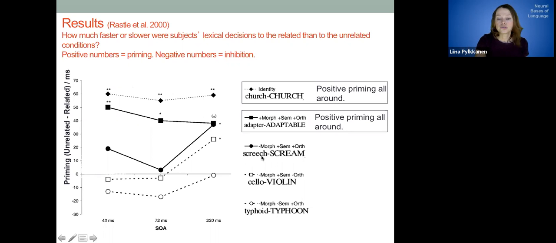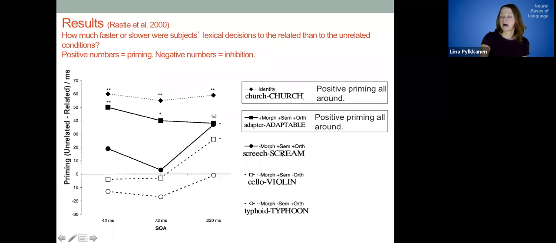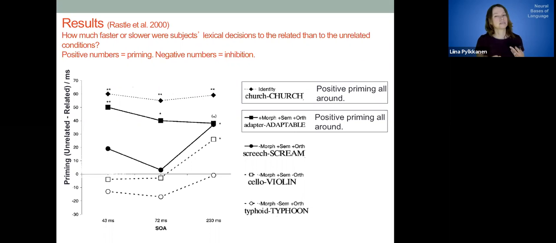Now the crucial comparison case is this screech-scream case, where we have sound similarity, form similarity, and semantic similarity, just like in the morphologically related case, but it's not morphologically related.